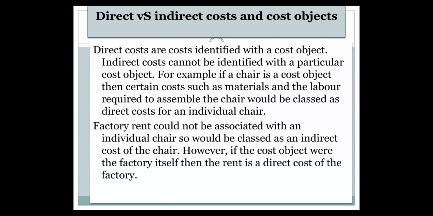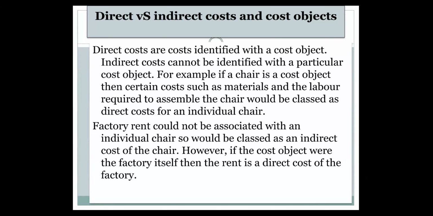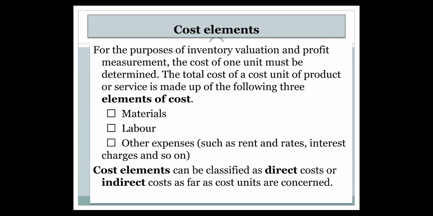The factory rent, where we prepare the chair, cannot be directly identified with the chair cost, because the factory cost is incurred for the production of a number of products like chairs, tables, and other furniture that may be prepared in the premises. So a single chair is not responsible for bearing all the factory rent. That's why it is indirect cost.